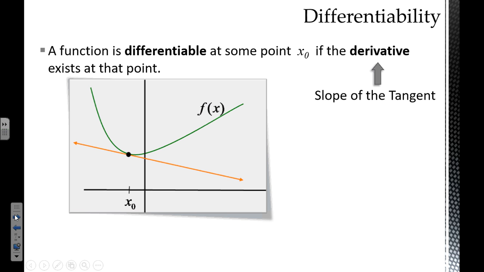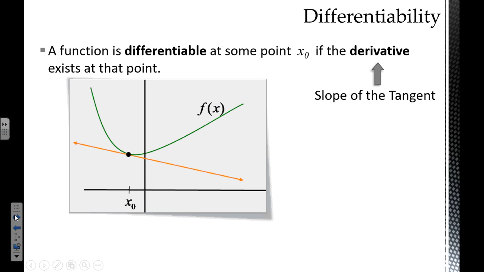A function is differentiable if the derivative exists at that point. So we're going to go through some examples of non-differentiability. It's a big word to say. Okay? What does it look like if we are not differentiable?